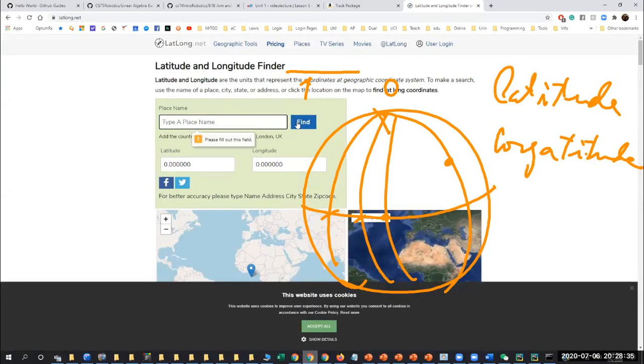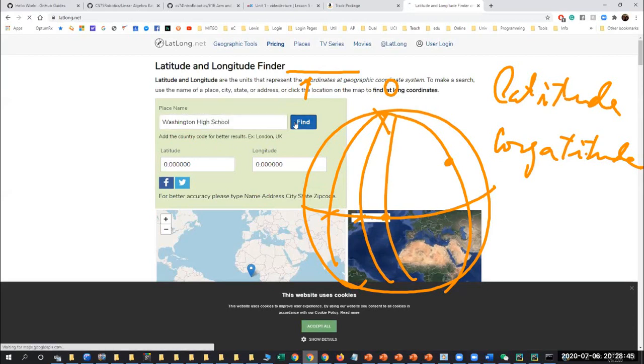It is, no. Okay, so here it's actually Washington High School. We can't find it. Let me use my pages. So this one is very coarse, very poor. I think it only takes California and then maybe USA.